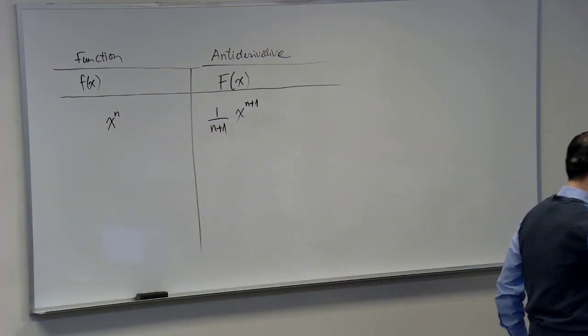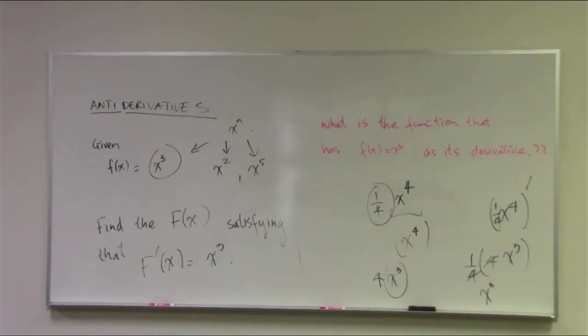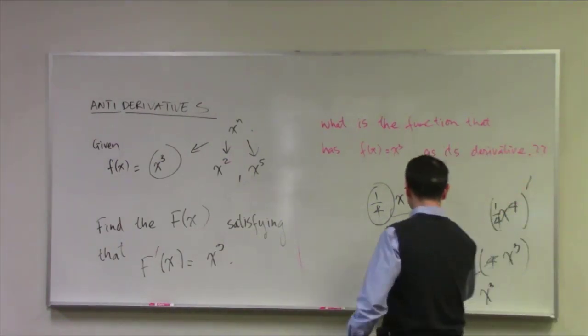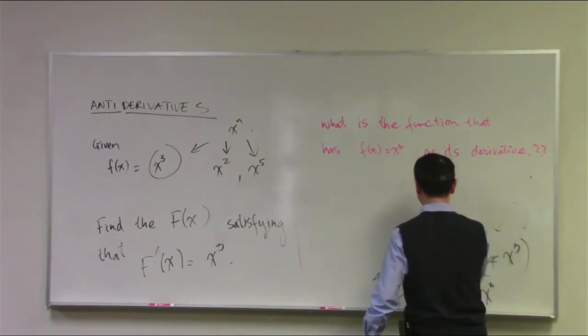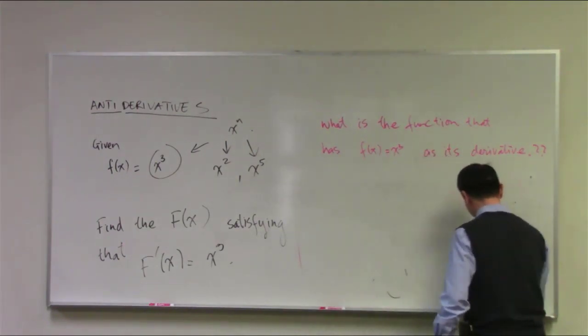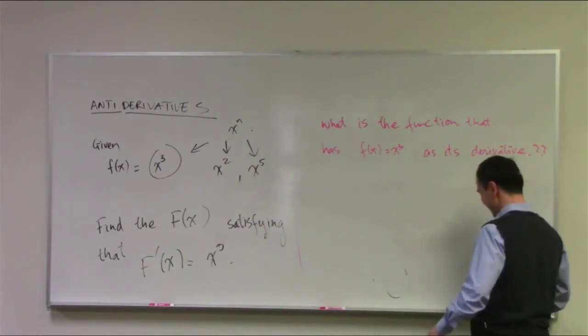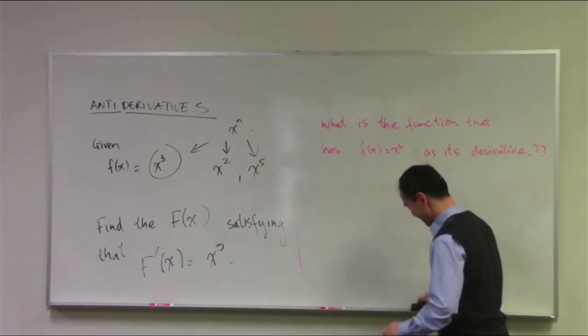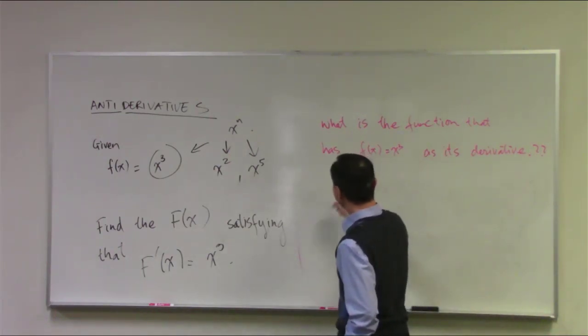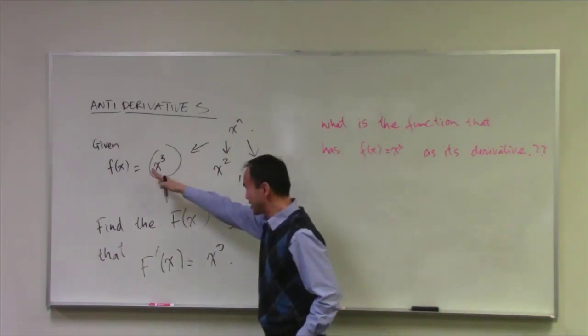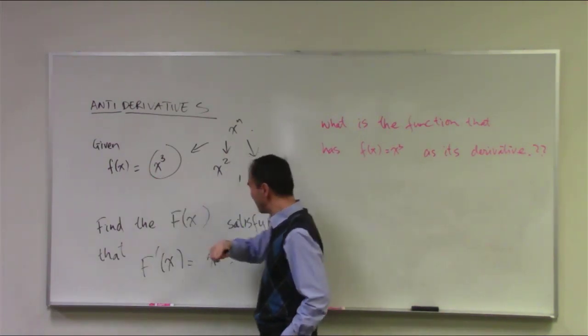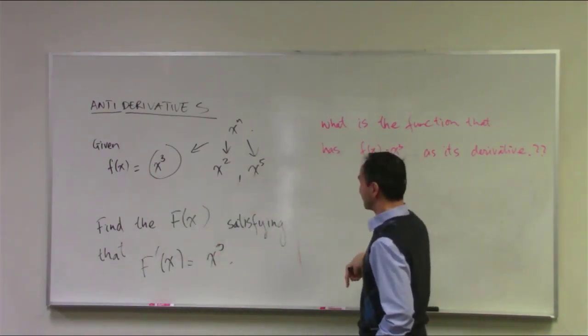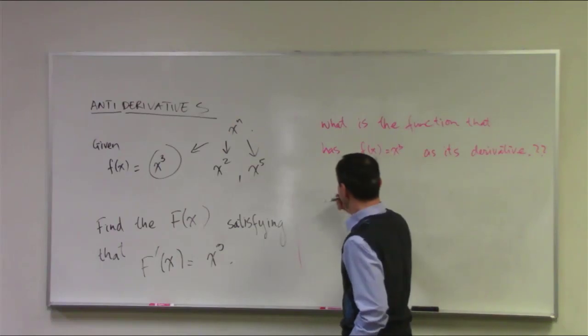Let's go back to the same problem. I didn't close it down yet. And the answer was 1/4 x to the 4th. So starting out with that same search again, right? We got a function being x cubed, but then we were searching for the capital F of x, where capital F prime of x equals x cubed.